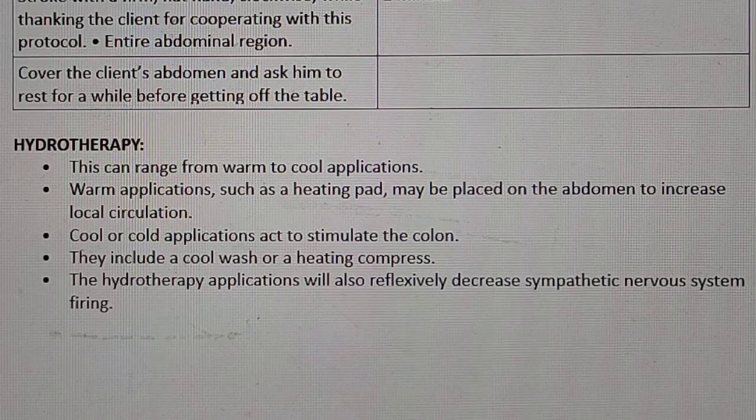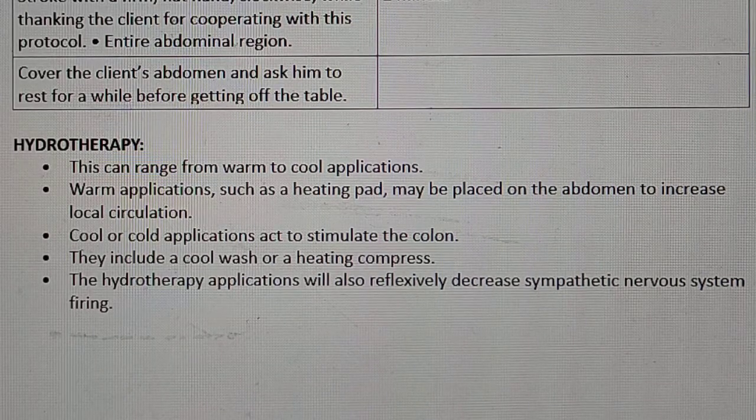Now they include a cool wash or a heating compress. Okay, so cool wash or heating compress. The hydrotherapy applications will also reflexively decrease sympathetic nervous system firing. Okay, so with warm or cold, it's gonna decrease your fight and flight response.